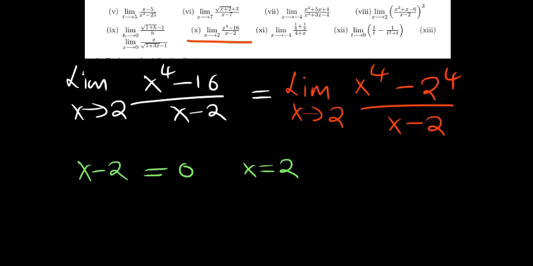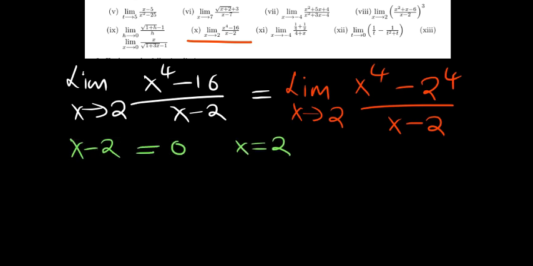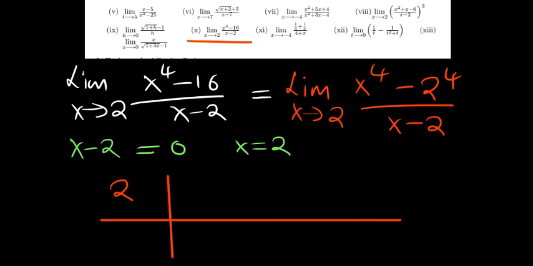For synthetic division, what you do is you write down your 2 somewhere this side, draw a line, and write the coefficients of whatever you have. So here we have x to the power 4, and its coefficient is 1.